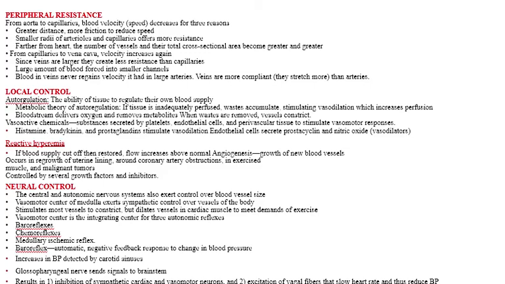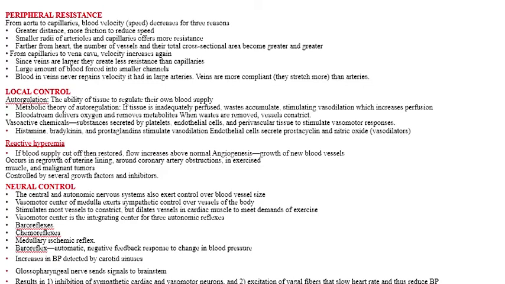When there is a malignant tumor, there will be a significant amount of angiogenesis, so more blood forms inside this area. This is controlled by several growth factors and inhibitors.